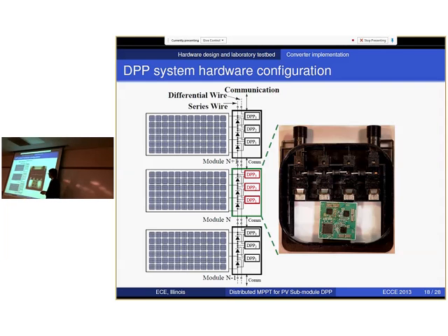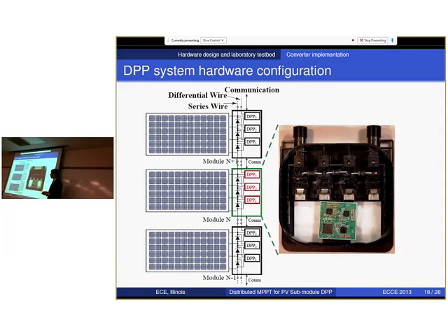And nowadays, there's a growing trend to shrink the size of converters to fit in the junction box of a PV module, because a separate enclosure for power electronic circuits can significantly increase the cost of the overall system.